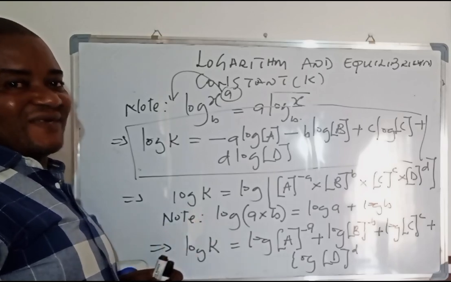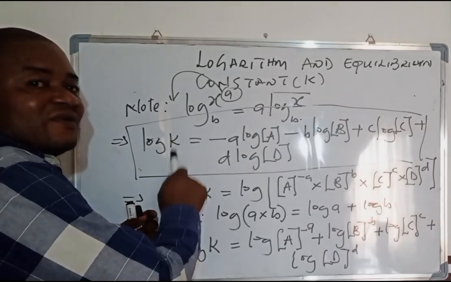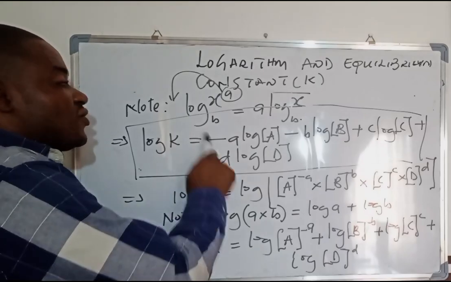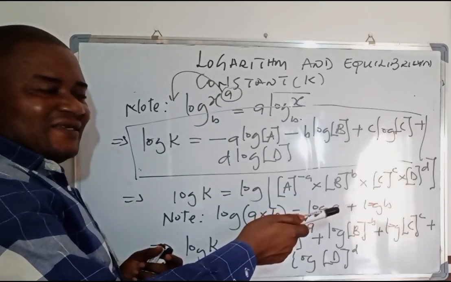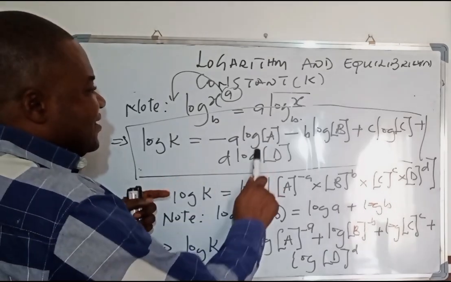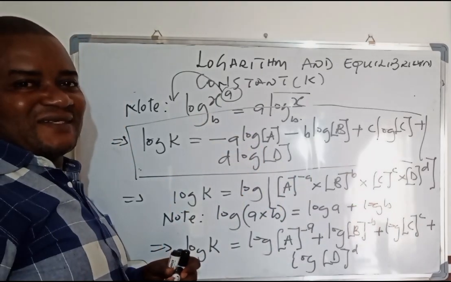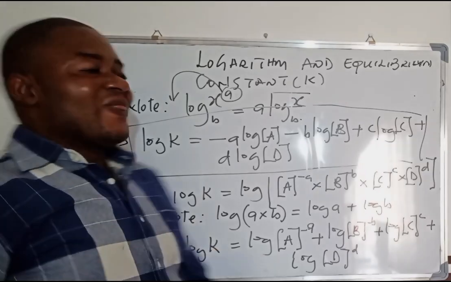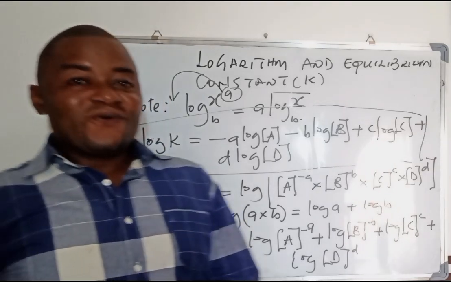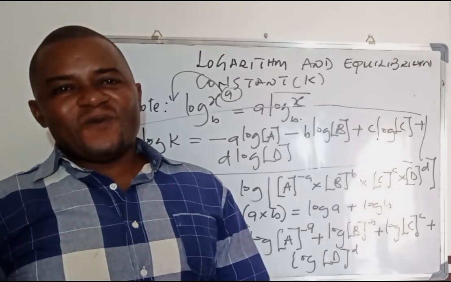Remember what the question said? The question said we should find the logarithm of the equilibrium constant as the sum of logarithms. So here this is the logarithm of the equilibrium constant as the sum of the logarithms. Now you can see the role of logarithm in solving chemistry problems.